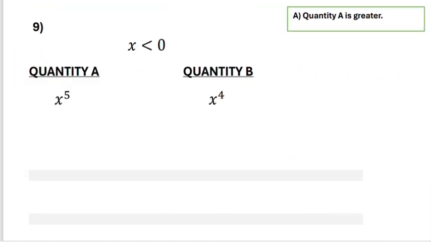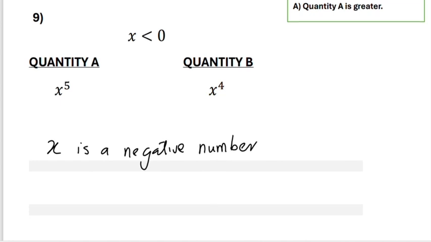Question 9, we are given that x is less than 0, and quantity A is x to the power of 5 and quantity B is x to the power of 4. One thing we must know is that here x is a negative number. And if you raise a negative number to an even exponent, it's going to be a positive number.